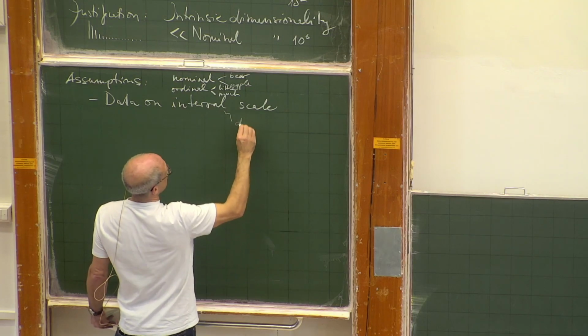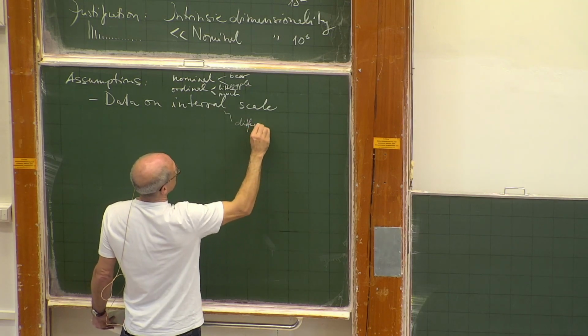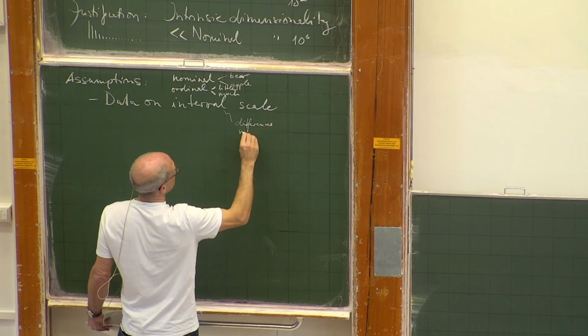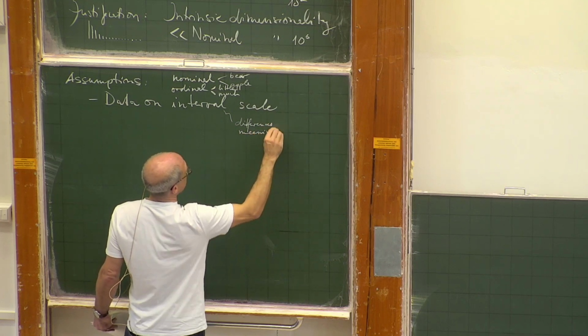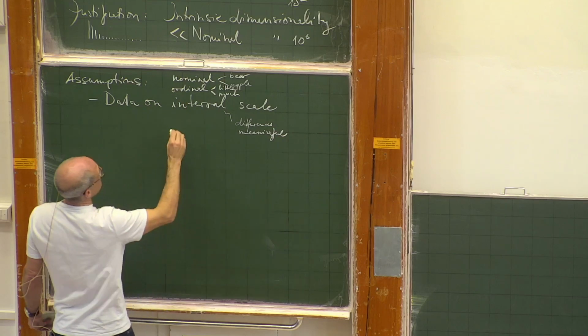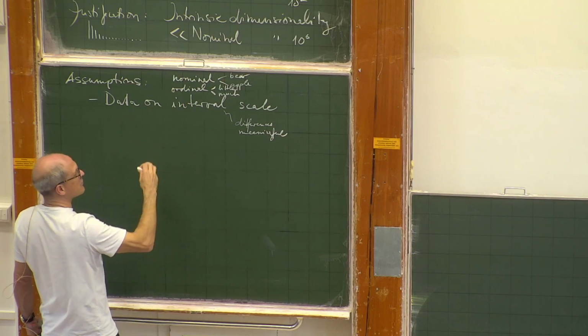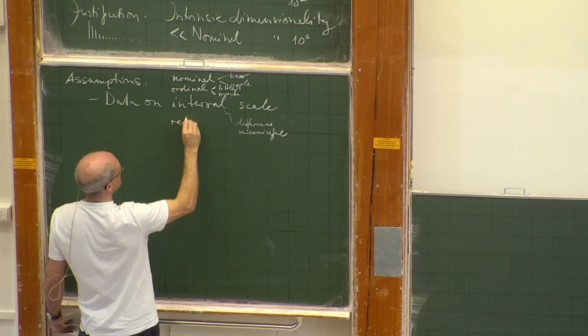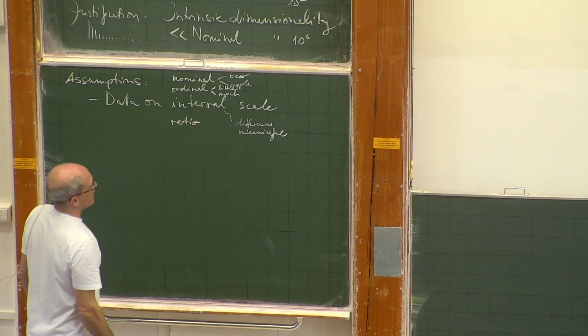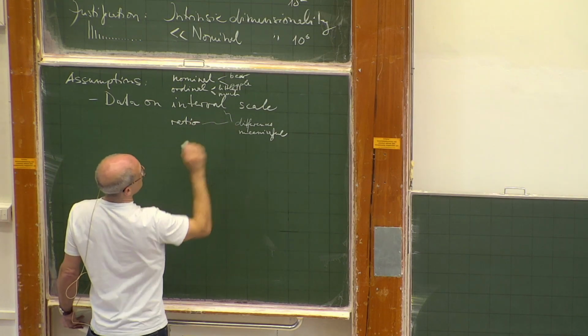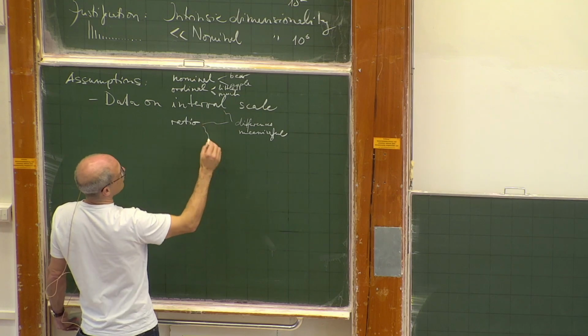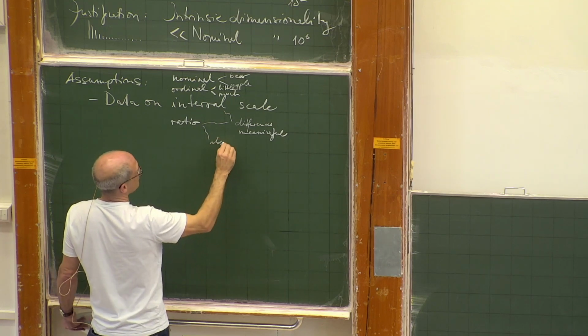And so I'm writing here, differences are meaningful. And the most informative scale is the ratio scale. In the ratio scale, you have meaningful differences, and you also have an absolute zero.